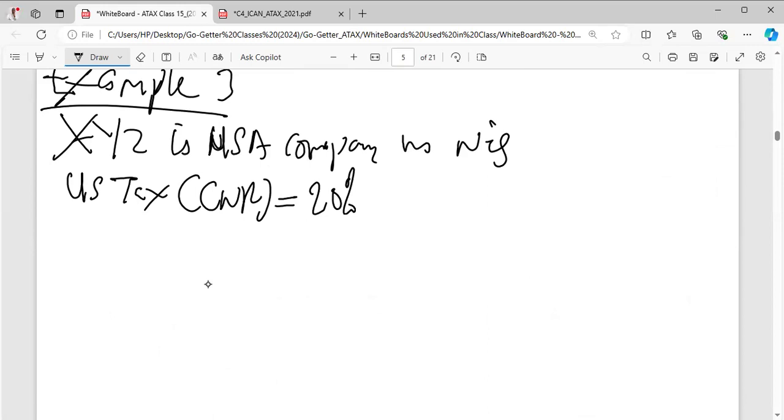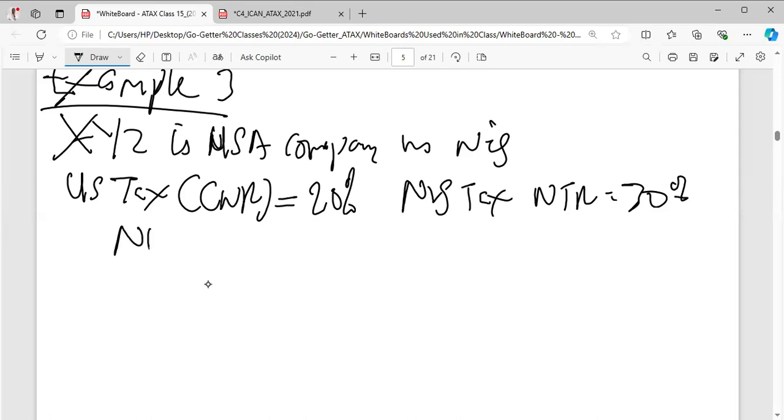20%. Nigerian tax, which is NTR, is 30%. So you see here, NTR versus CWR. This is our DT rate.